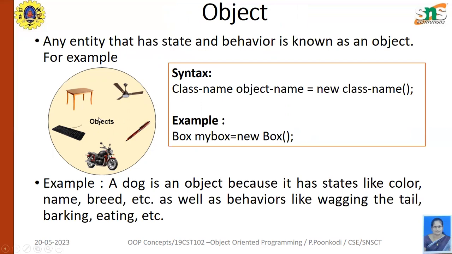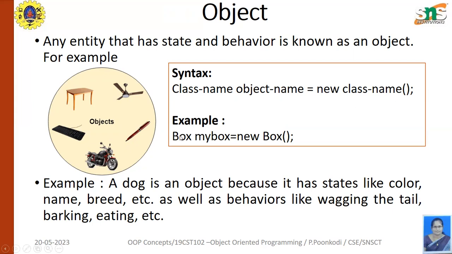You can consider this example: fan, table, keyboard, bike, pen. These are objects, but each object has unique features. The syntax for declaring an object is: class name, object name equal to new class name.